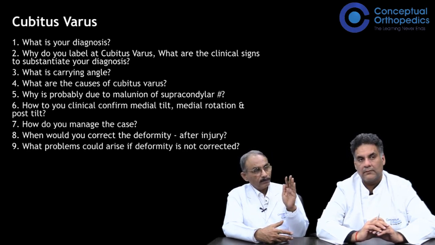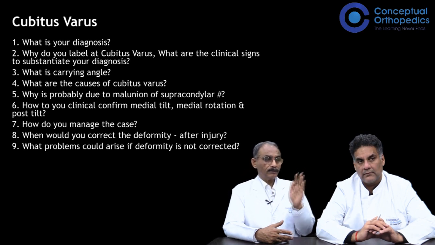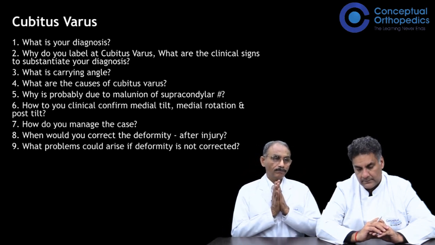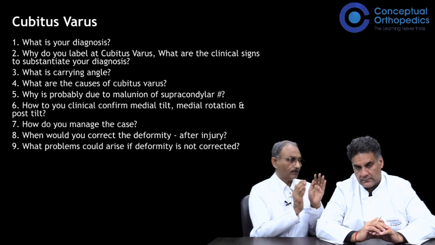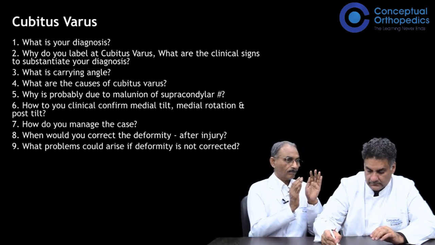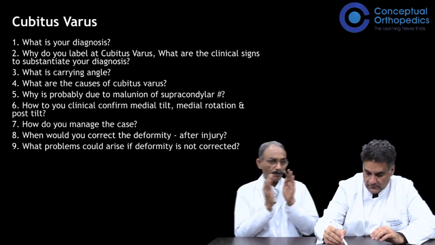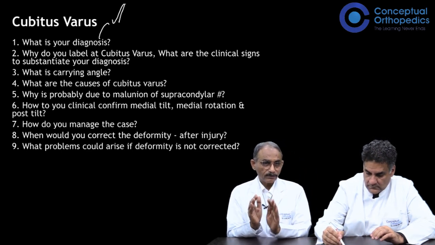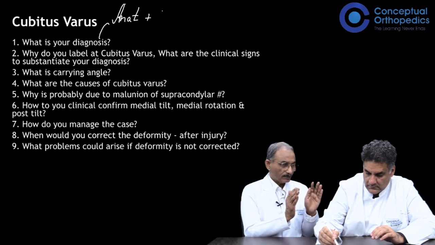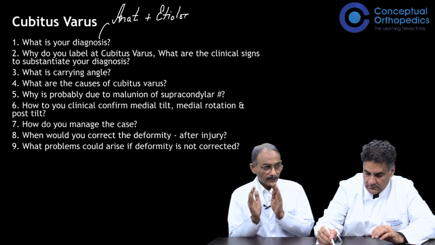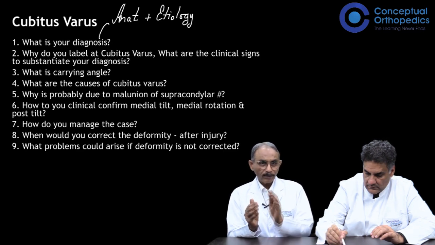First of all, in any diagnosis that you make in a child, you have to have an anatomical diagnosis. And then you have an etiological diagnosis. So the anatomical diagnosis has to be there, and the etiological diagnosis has to be there.